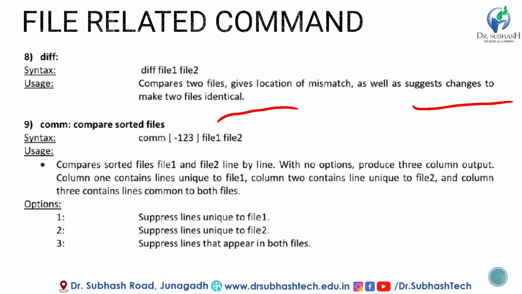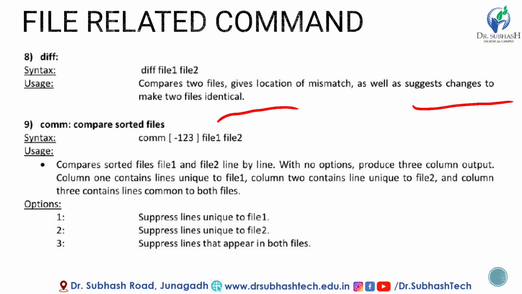The next one is comm. It compares sorted files. Okay, so its syntax is comm -1 -2 -3 file1 file2. It compares sorted files file1 and file2 line by line, and with no option produces three-column output.